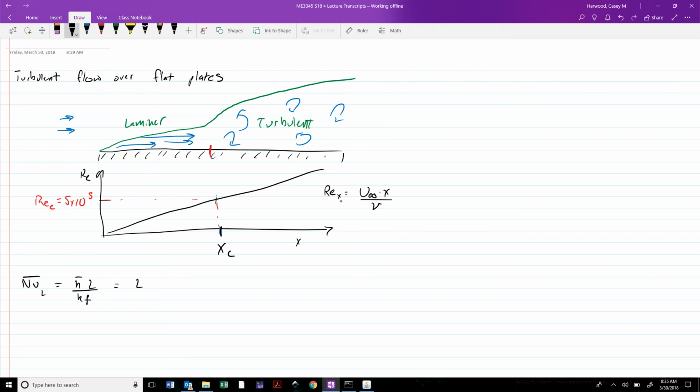This is L over k_f times 1 over L times the bracket of x sub c times h laminar plus L minus x sub c times h turbulent.